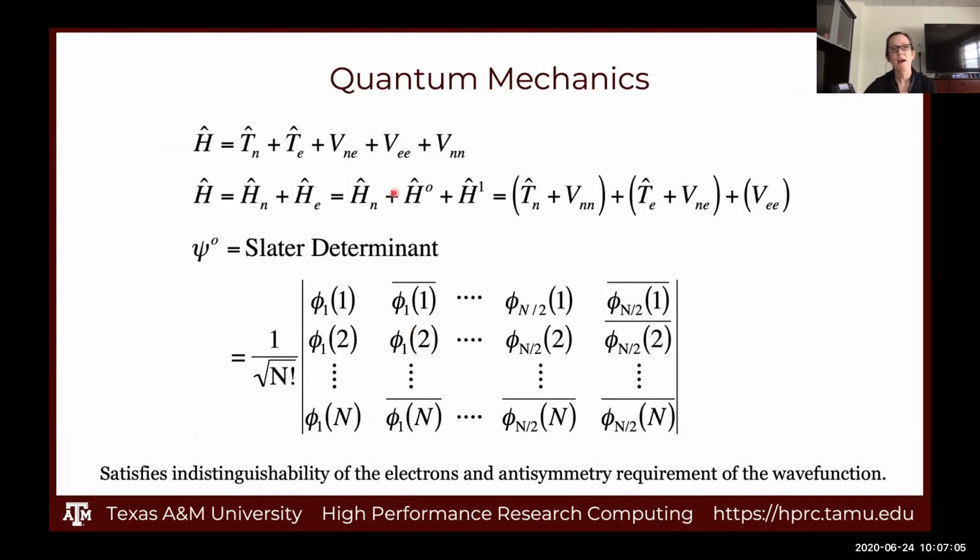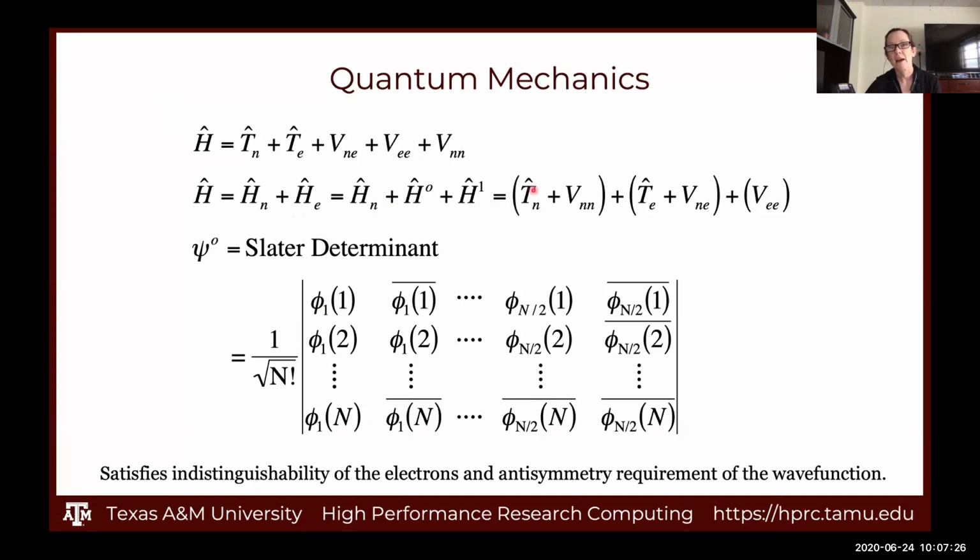Normally when these calculations are performed, the terms are split up and you have a nuclear component and an electron component. This is what the Born-Oppenheimer approximation lets us do. So we can have a nuclear component, a 0th order component, and a 1st order component.